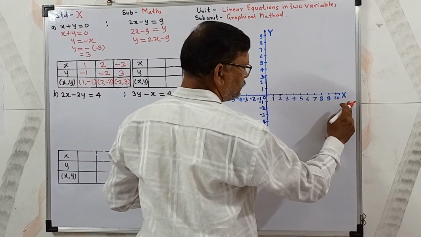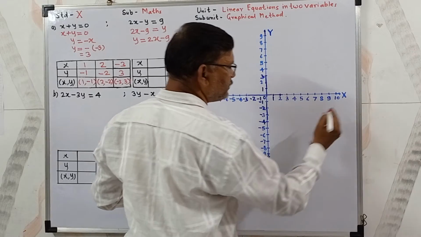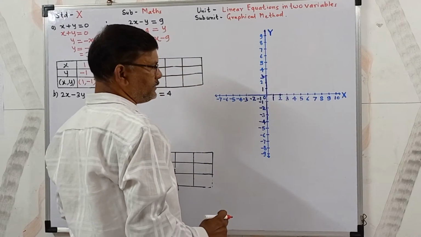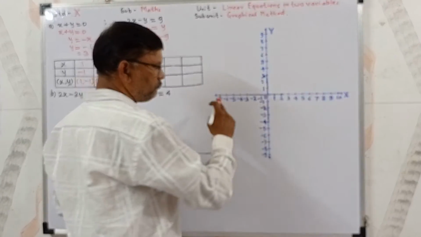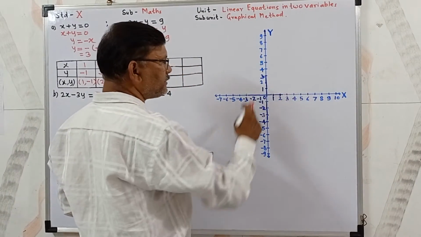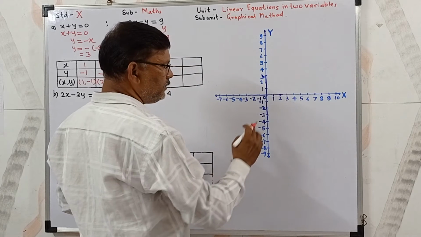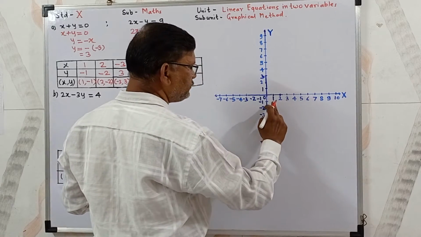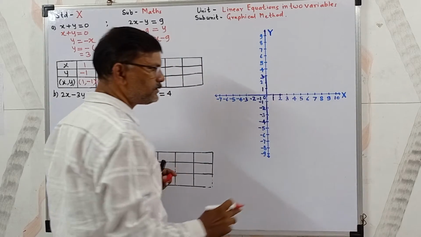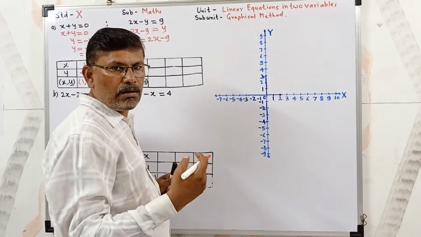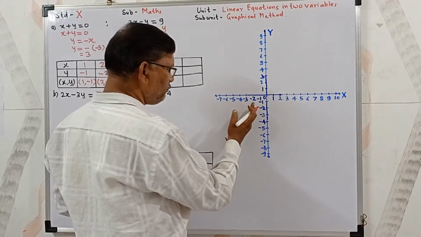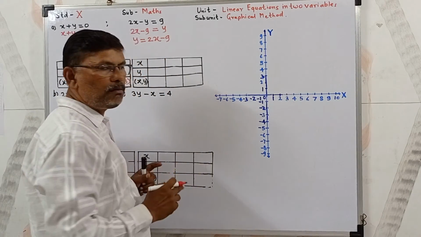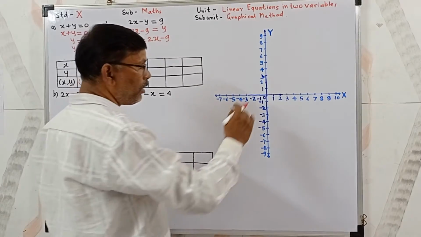This is the x-axis and this is the y-axis. On the right hand side all the numbers are plus, and on the left hand side all the numbers are minus.